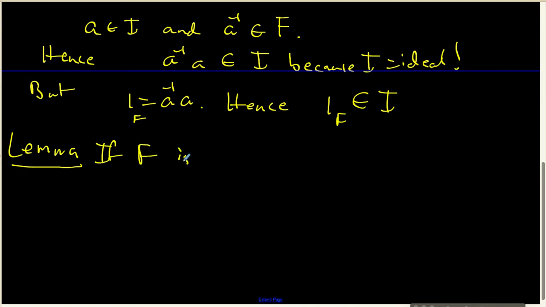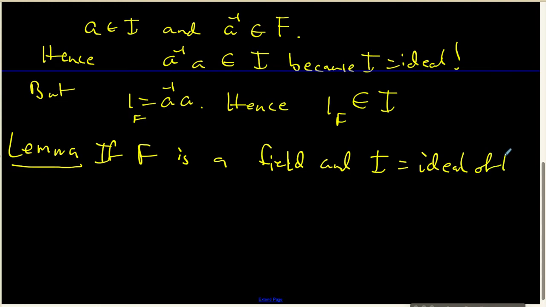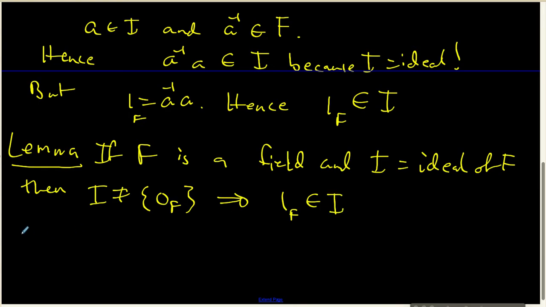If F is a field and I is an ideal of F, then I not being equal to the trivial ideal that contains just the zero will imply that the field's multiplicative identity, the 1 in F, belongs to I. And we just proved this.